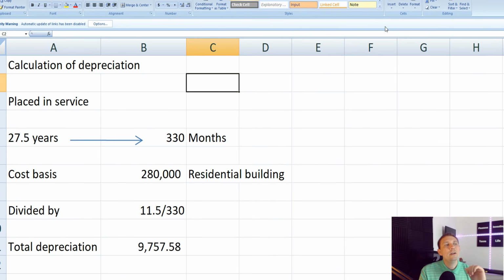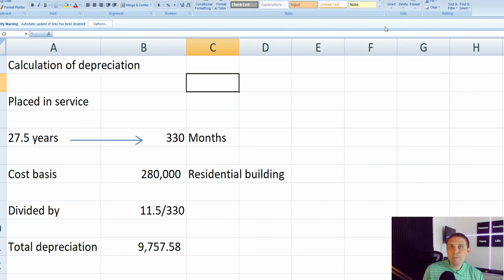Okay. So with residential rental real estate, depreciation in general, if you've never heard of the concept before, is basically you get to expense the cost of an asset over an extended period of time based on tax law.